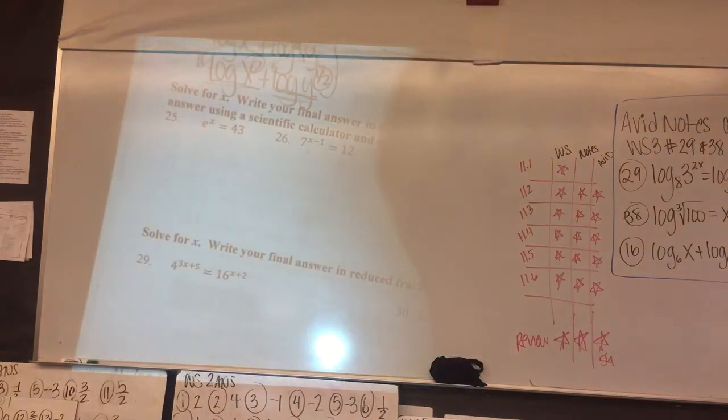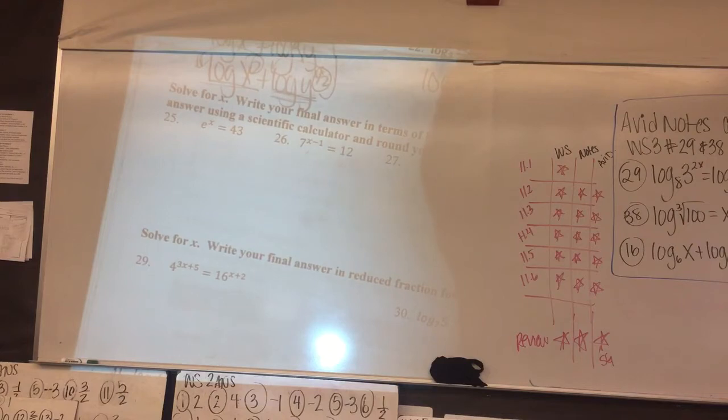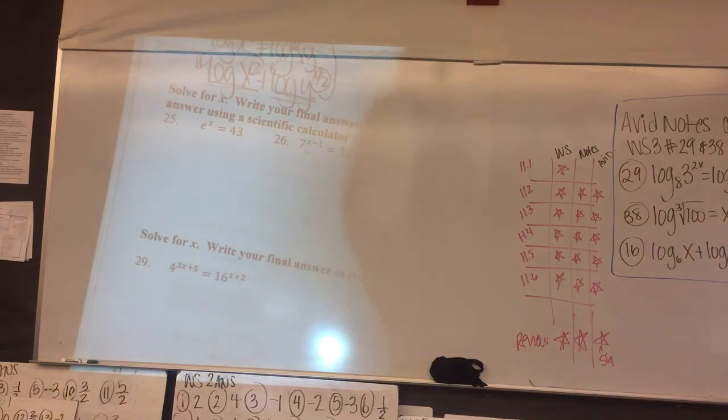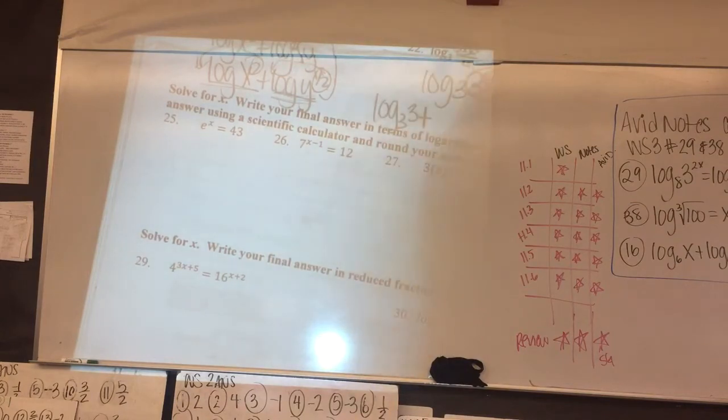I'm going to have log base 3 of 3xy squared, that's the numerator, minus log base 3 of 4z. Now I can access those products. So I have 3 factors, which means I'm going to get 3 logs from this product alone. So I'm going to end up with log base 3 of 3 plus, to split up multiplication, log base 3 of x plus a log base 3 of y squared.